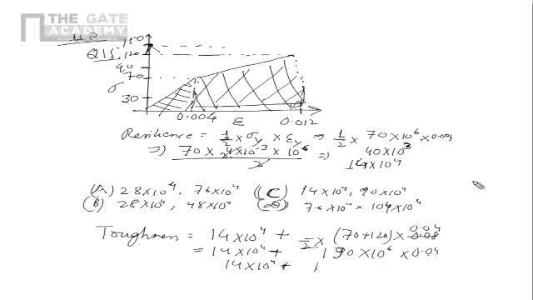is 19 into 10 to the power, this 0 makes it 1 decimal less here, and 10 to the power 5 into 4. So that becomes 14 into 10 to the power 4 plus 19 into 4 is 76 into 10 to the power 4. So that makes it 90 into 10 to the power 4.